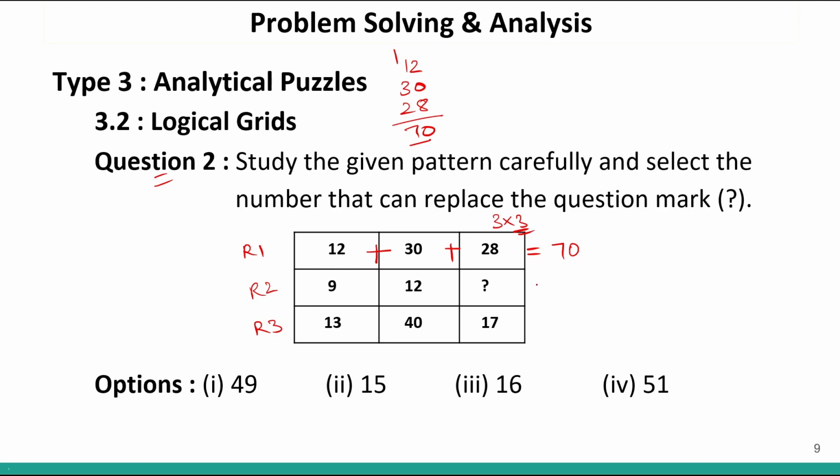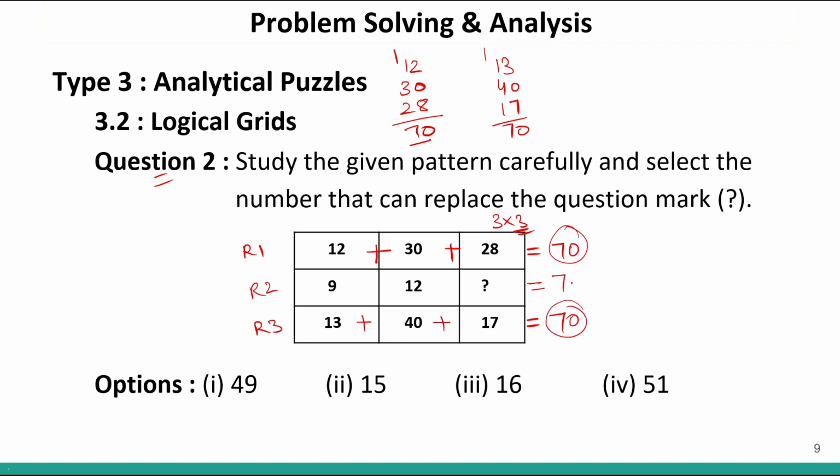Correct? Now let me check for row 3. If I add all these 3, what will I get? So if I add 13, 40 and 17, this will be 70. Again, I got 70. So here I can see that all the numbers are added together to get a same output.